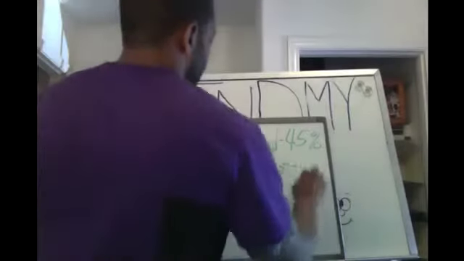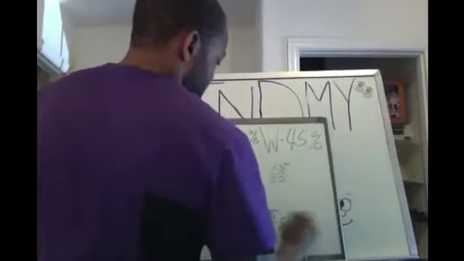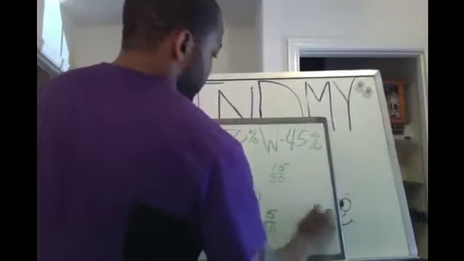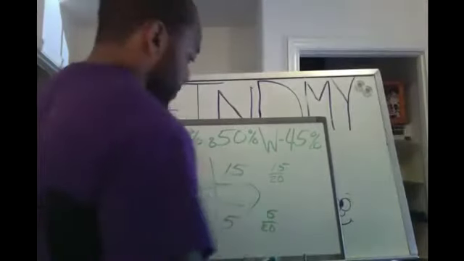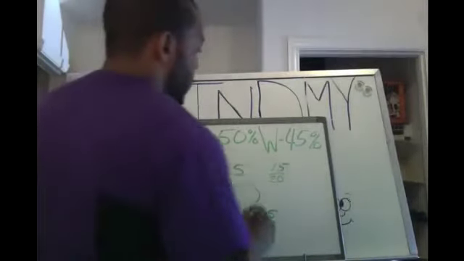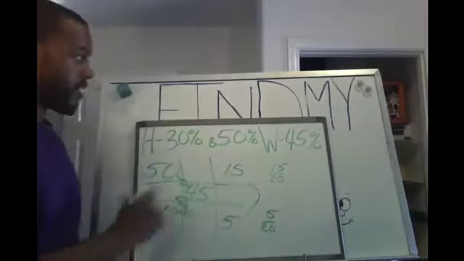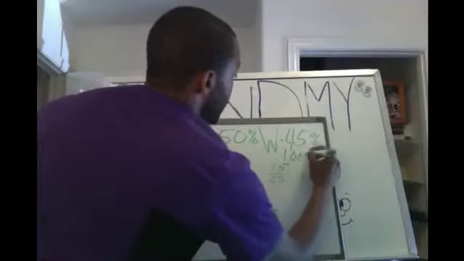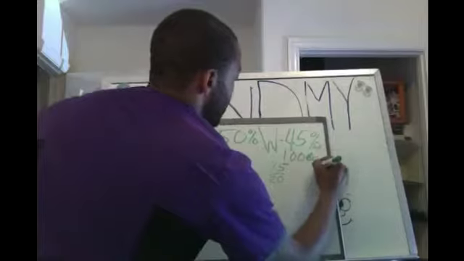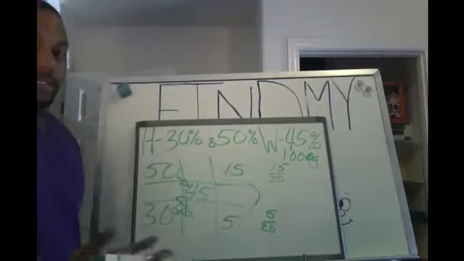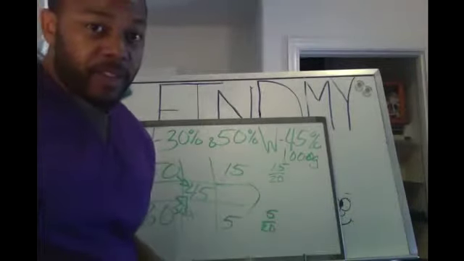It's really quite simple to set up the proportion from here, because you know that you have 1,000 grams total in the end. So if you want to do it in your head, what's 75% of 1,000?